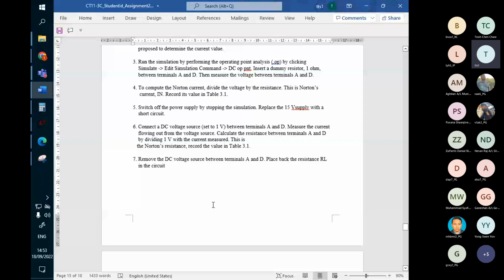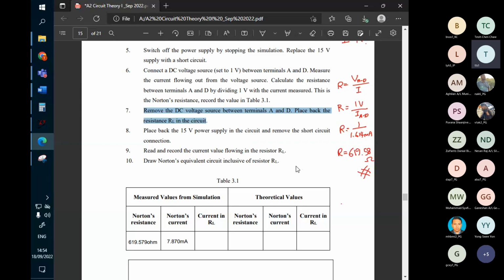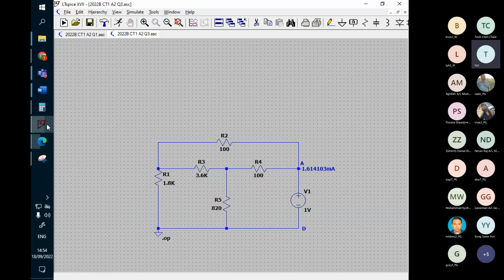So let's read this statement. Remove the DC source from the terminal AD, put back the RL. Of course, the 1 volt source is just a dummy. We need to remove it eventually.